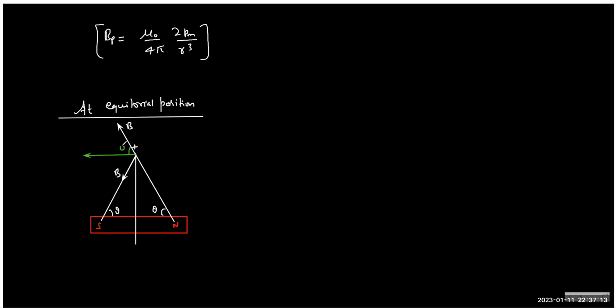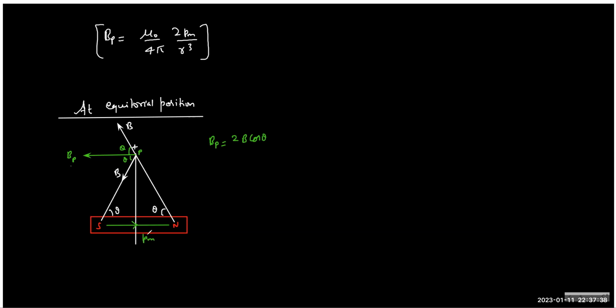This is how much theta. So BP is how much? 2B cos theta. And what is interesting here to note is that the dipole moment is from where to where? Dipole moment is from negative to positive charge, which is south to north. So this is the dipole moment vector Pm.